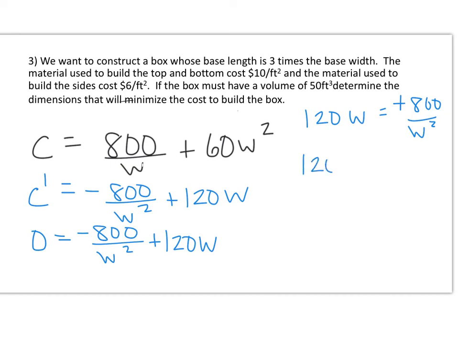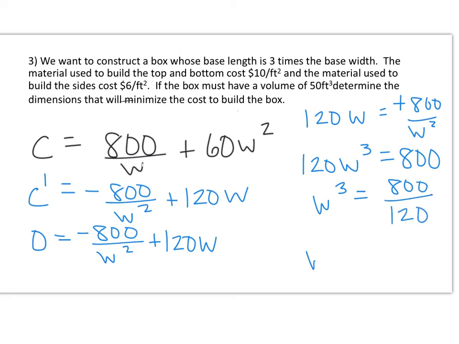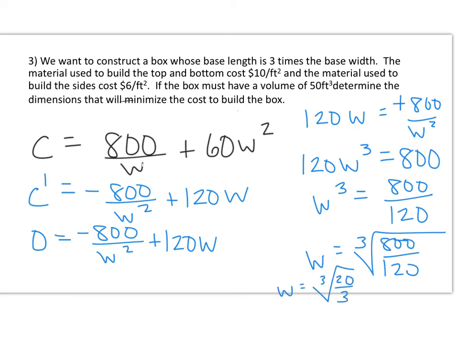So I have 120W cubed equals 800 when I multiplied both sides by W squared. So W cubed equals 800 over 120. So W equals the cubed root of 800 over 120. And simplifying, I have W equals the cubed root of 20 over 3. And that is in feet.